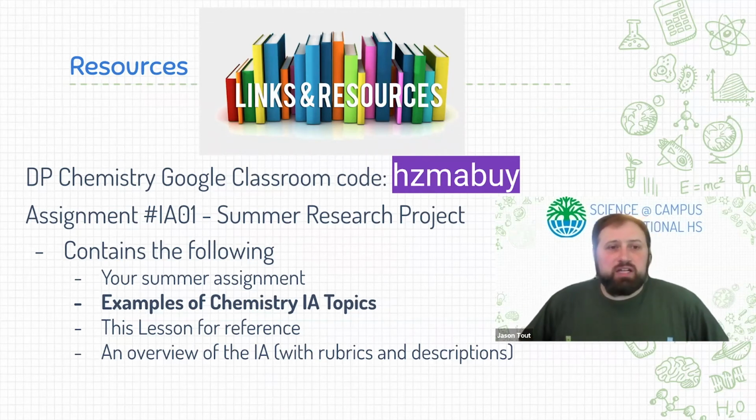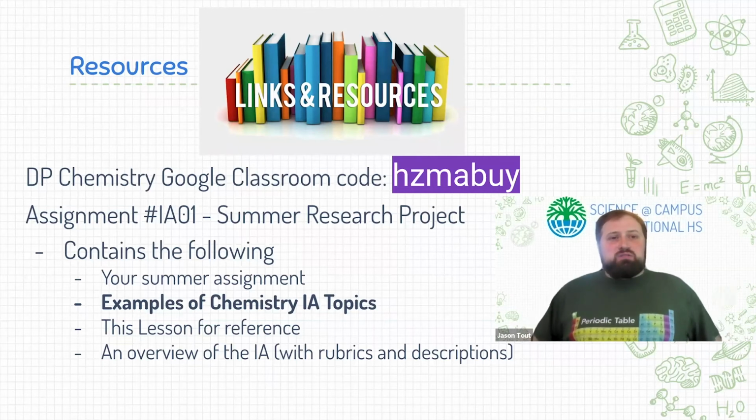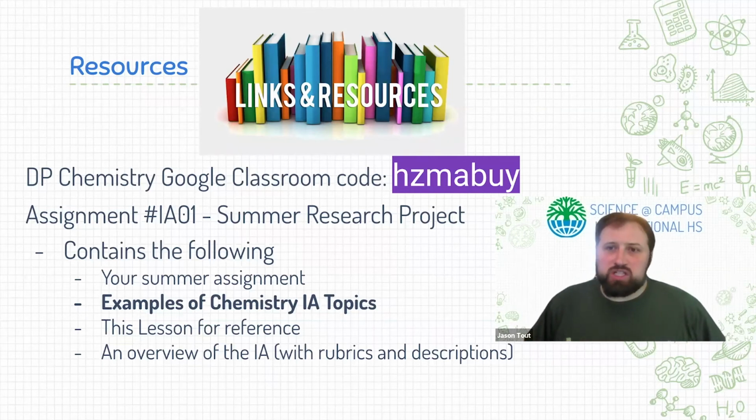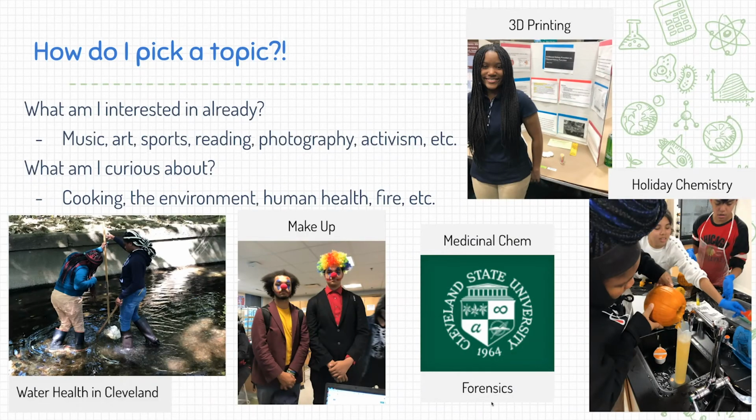The blank template has a variety of questions as well as instructions on it, but it will also ask you to explore some of the resources in the Google Classroom already, such as examples of chemistry IA topics supplied by IB. So one of the most difficult steps is just getting started, overcoming that initial inertia in order to gain some momentum. Mini chemistry lesson there for you.